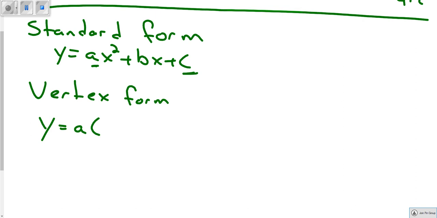It's y equals a bracket x minus, throwing another letter at you, h squared plus k. Now, I don't know why they use h and k. If you take pre-calc 20, it actually uses p and q. P and q is kind of the adult version that I grew up with, that I used to teach all the time. But whatever, h and k.